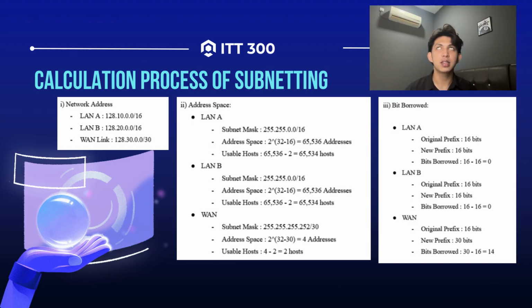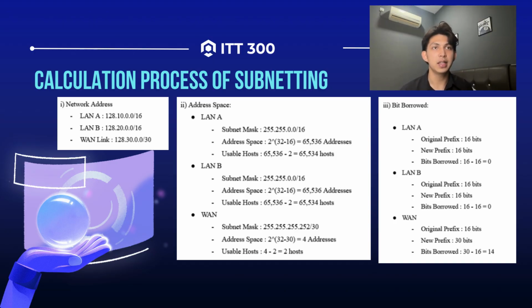This yields 65,536 total addresses, or 65,534 usable host spaces per network once the network and broadcast limits are subtracted. Because they use their standard prefix lengths, the bits borrowed remain at exactly 0.